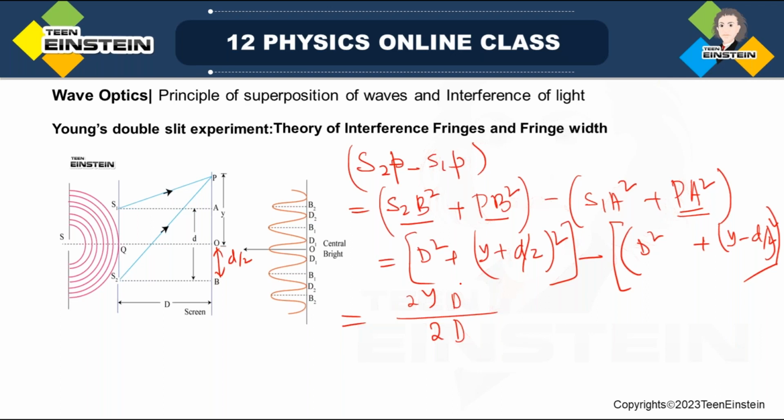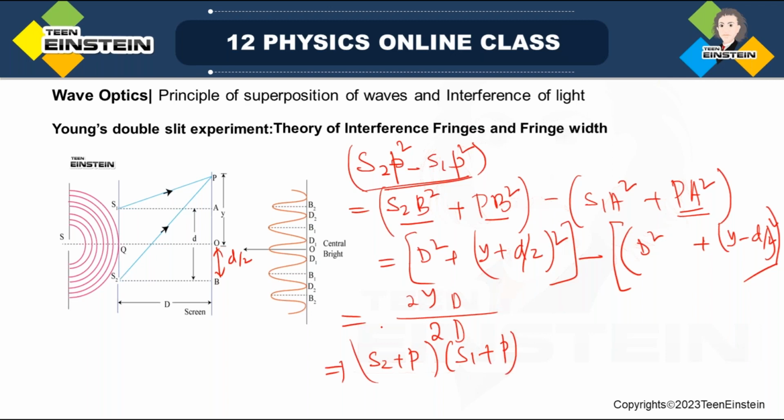Okay, 2yd. This is actually a square. So this I can write here S2P plus S1P.